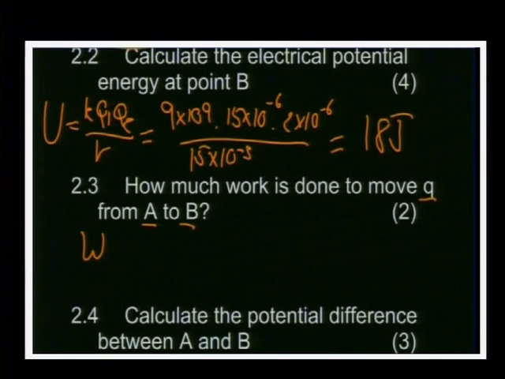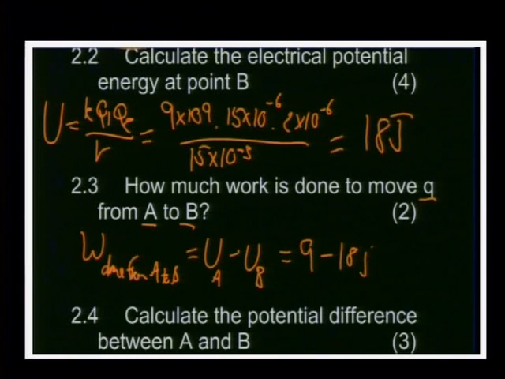We're going to say work done from A to B, W_AB, is going to be equal to the electrical potential energy at A minus the electrical potential energy at B. And when you do that, you've got 9 minus 18, and what that's telling you is that the answer here is negative.